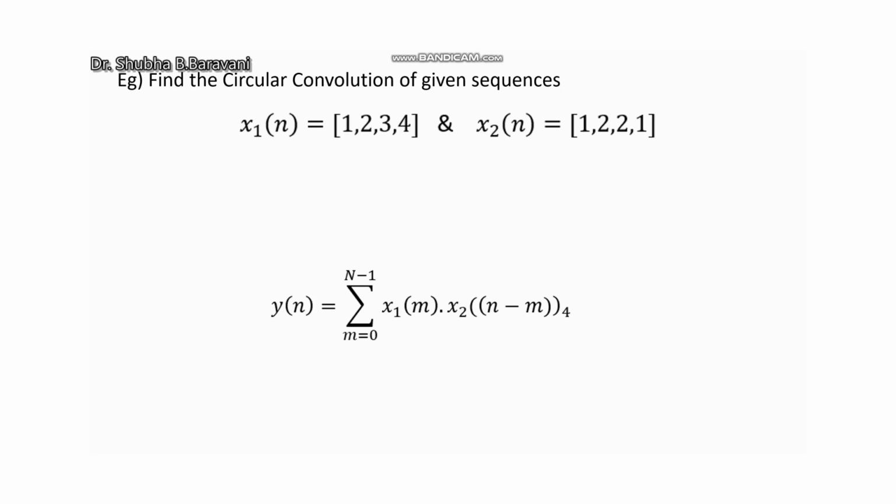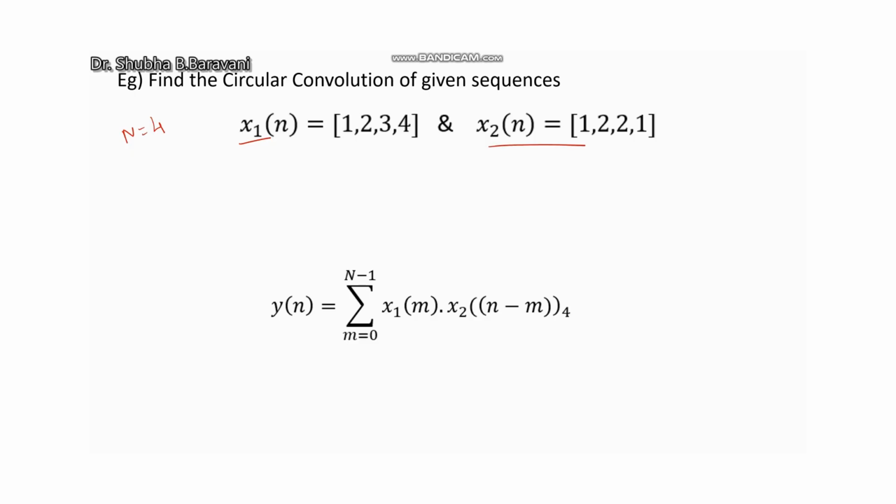First, we'll deal with the time domain approach. Let me explain using an example. Here, two signals are given, x1 of n and x2 of n. Clearly, the length of the signal is 4.